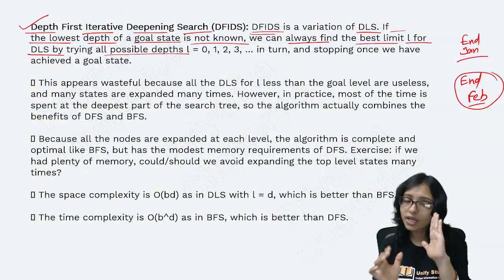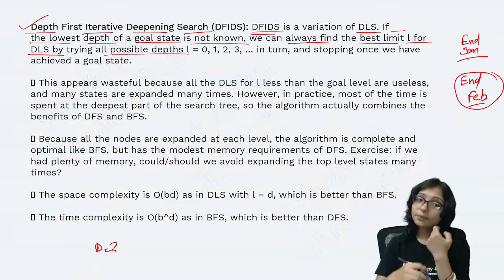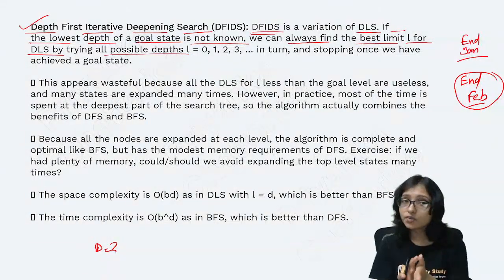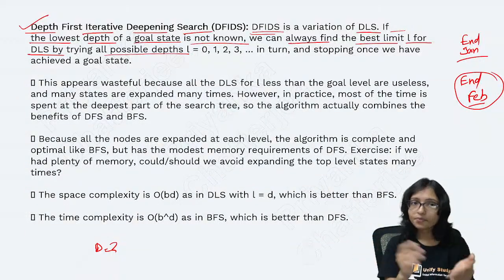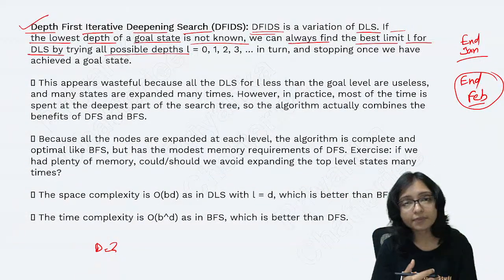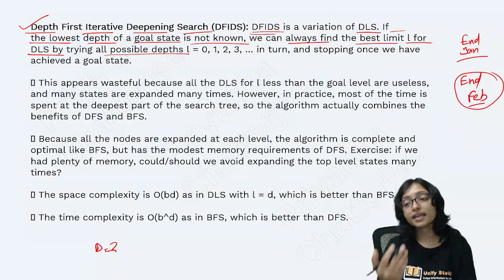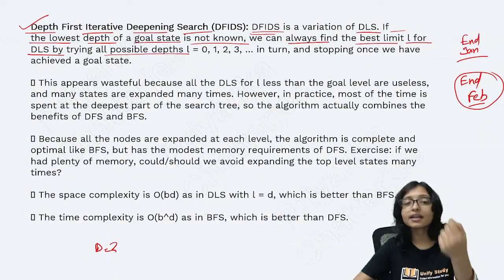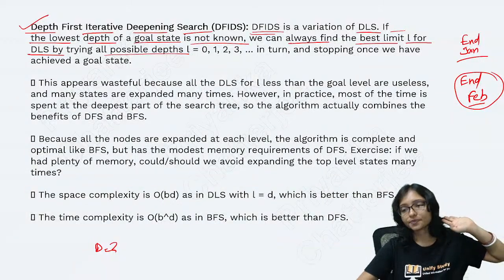Depth limited search fixes a depth, that is, you can go till depth 2. Here, iteration by iteration it will increment the depth. First it tries depth 0; if I get the goal, fine. Otherwise I increment to depth 1, try again, then depth 2, and so on, and then do the depth limited search.